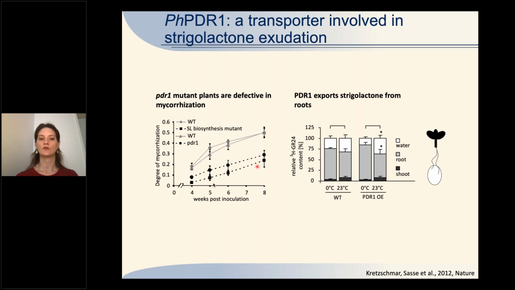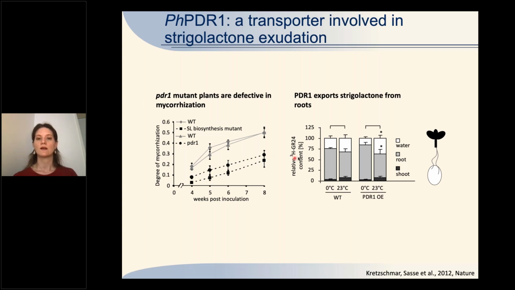And you can see that both the mutant lines behave relatively similar. So they have a lower degree of mycorrhization over time compared to wild type. So basically knocking out the transporter has the same effect as knocking out a biosynthetic gene of the hormone, which is pretty striking, at least in my eyes.